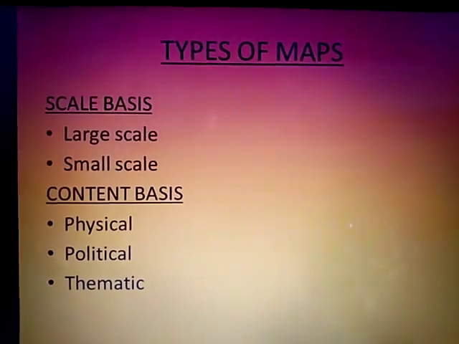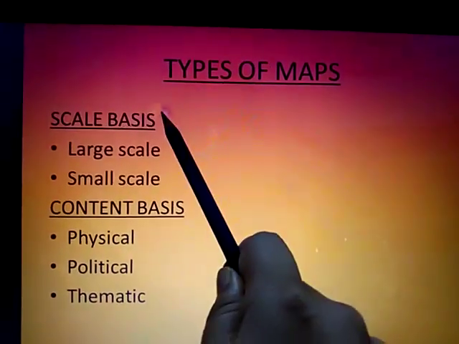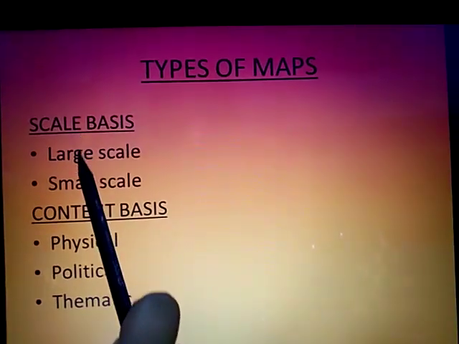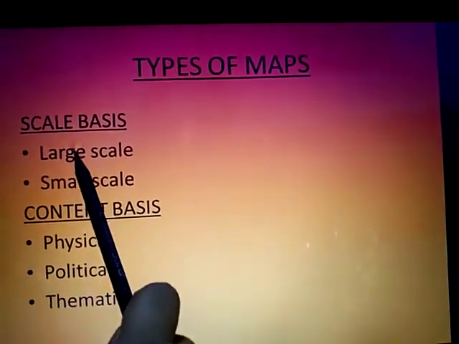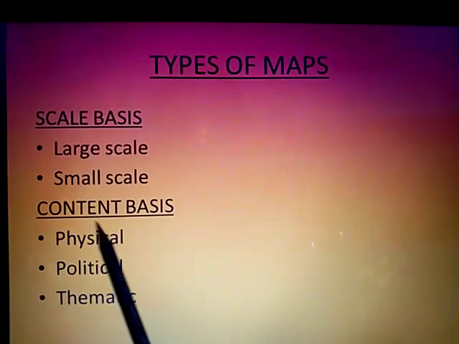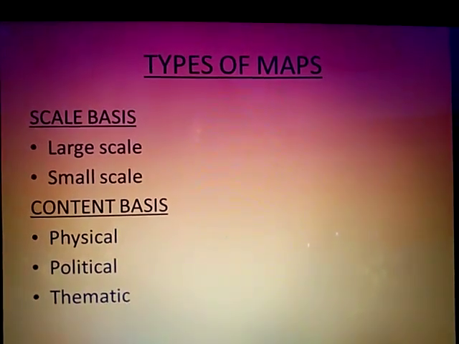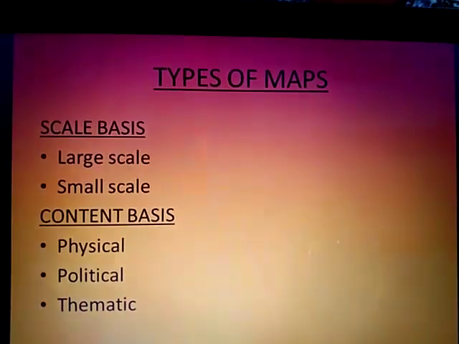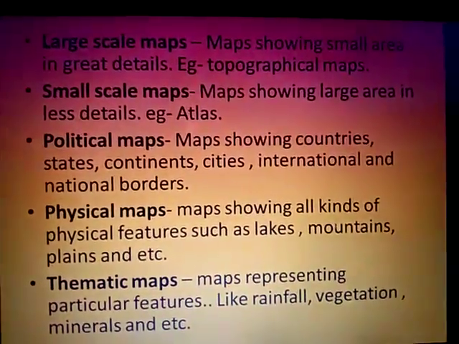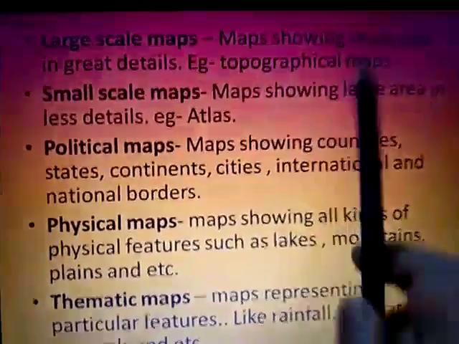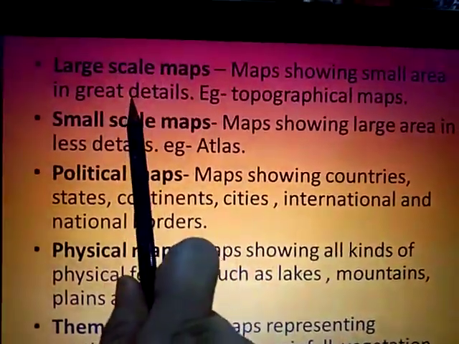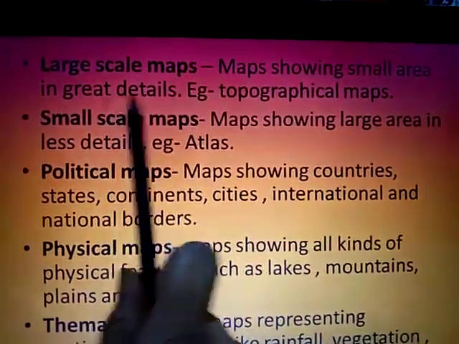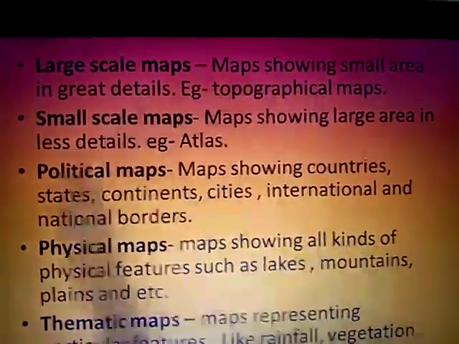Moving on, next, there are basically two types of map: scale basis and content basis. On scale basis, we have got two kinds of map, large scale and small scale. On content basis, we have got three kinds of map: political, physical and thematic. Large scale maps show a very small area in great detail, for example, topographical maps.